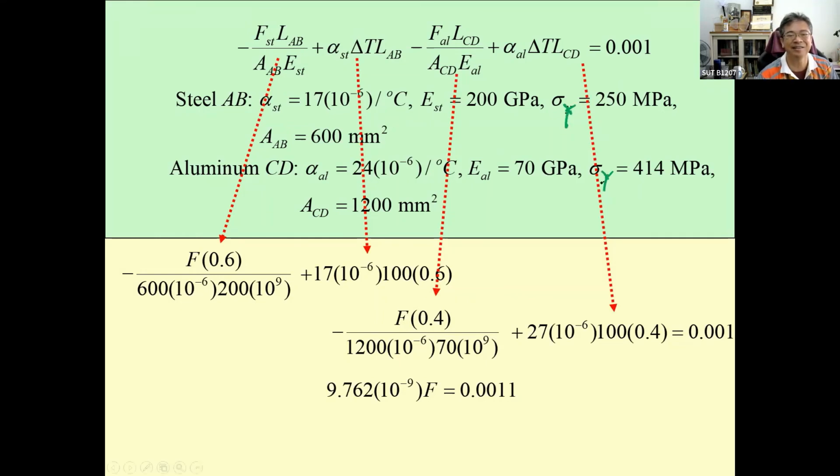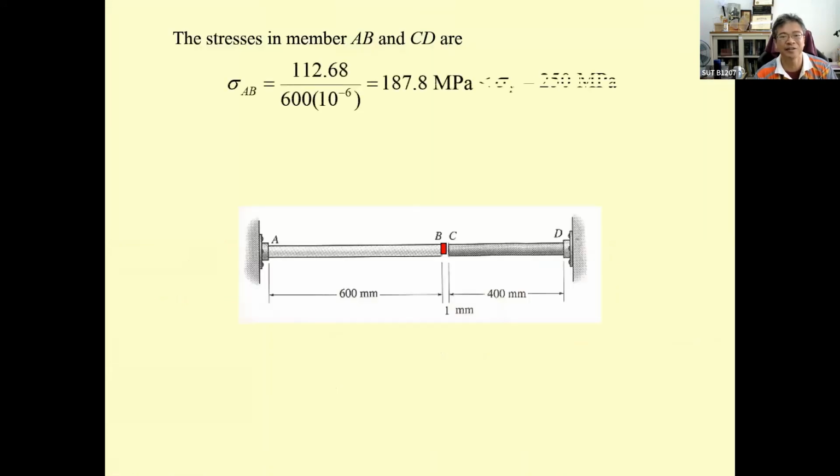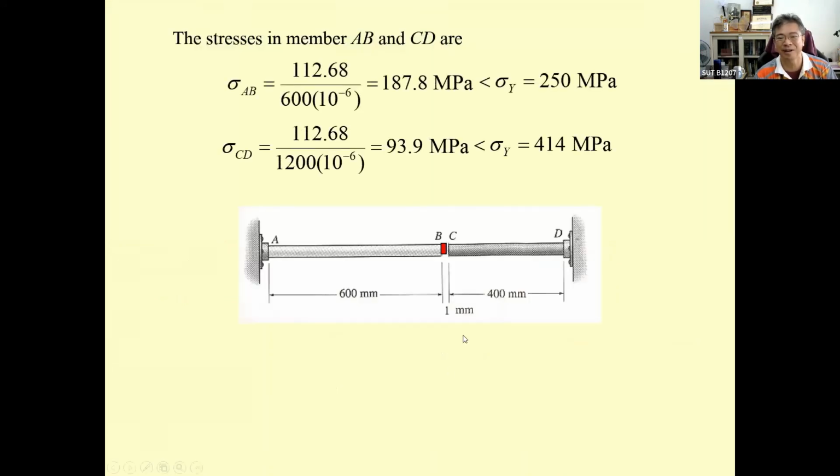This is the yielding stress, and then you will get this force of 112.68 kilonewton. Again, it's pretty large because this is a 100 degree increase in temperature. So the stress now is approaching the yielding stress for the steel.